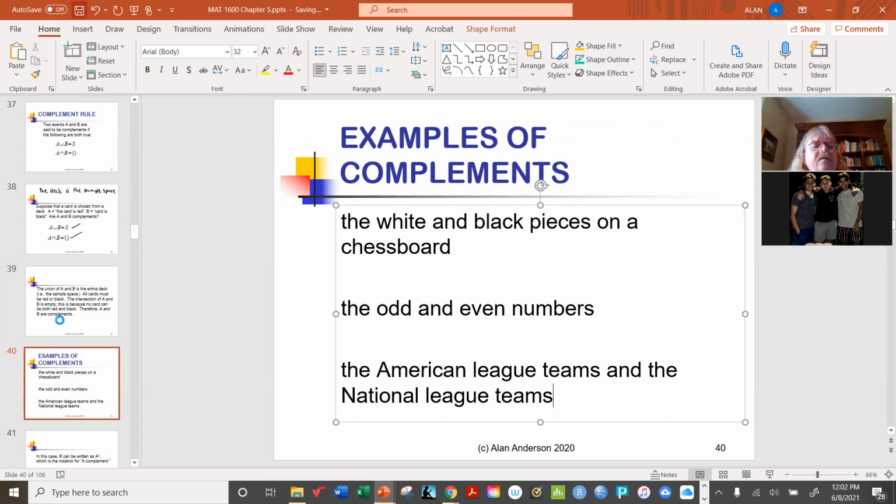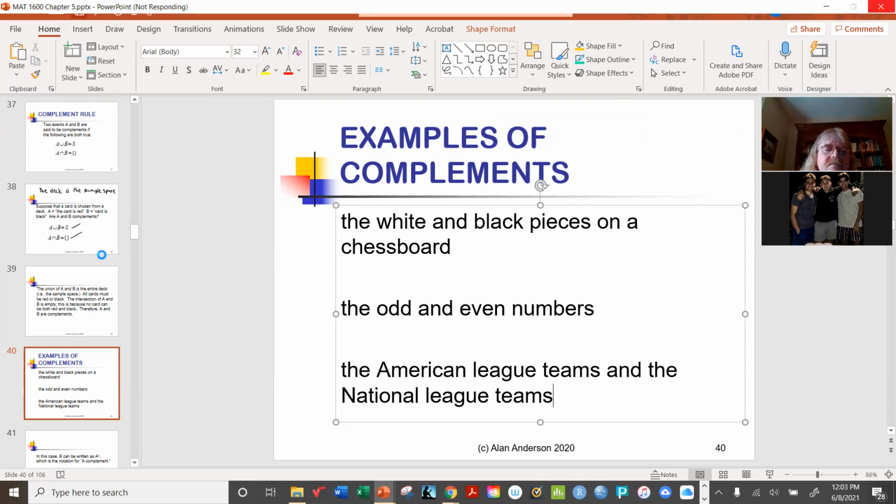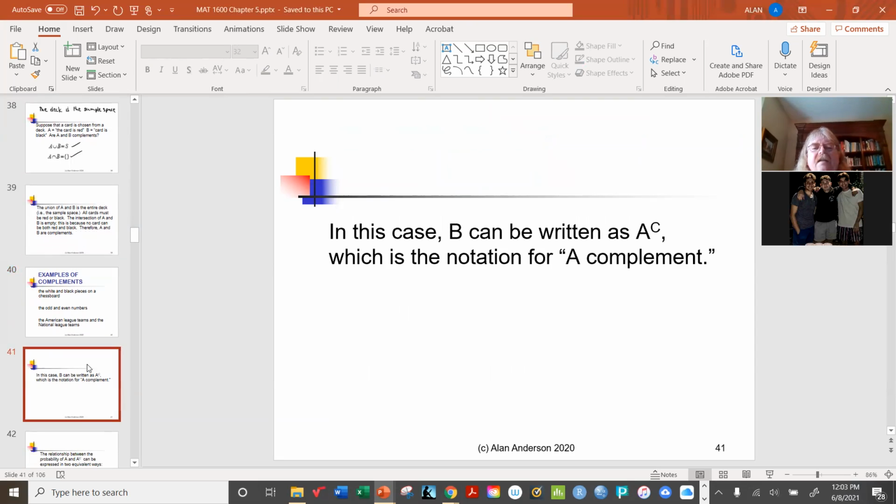By the way, here's some new notation that we're going to use. That little c, A with a little c, means a complement.